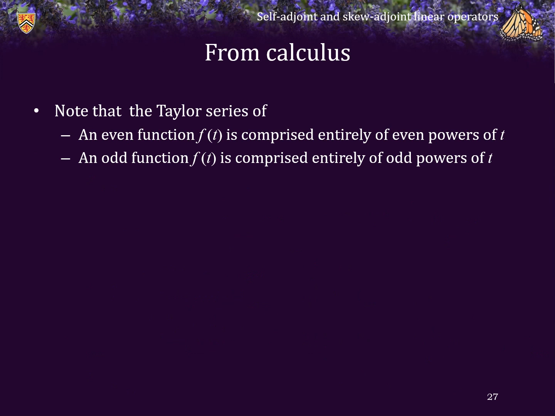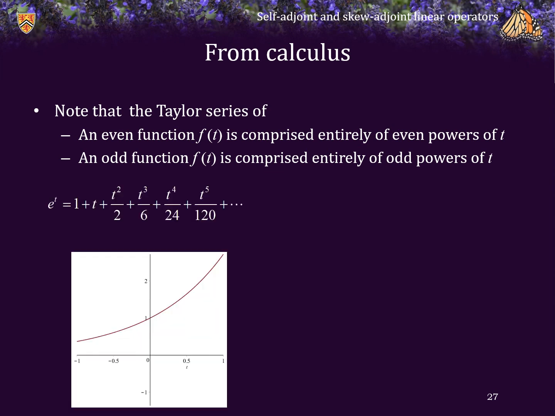From calculus, you may note that the Taylor series of an even function is comprised entirely of even powers of t, and an odd function is comprised entirely of odd powers of t. Here's the Taylor series for e to the t, and we note that e to the t is neither even nor odd.